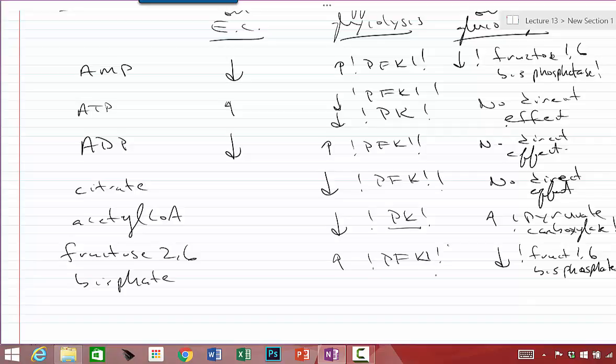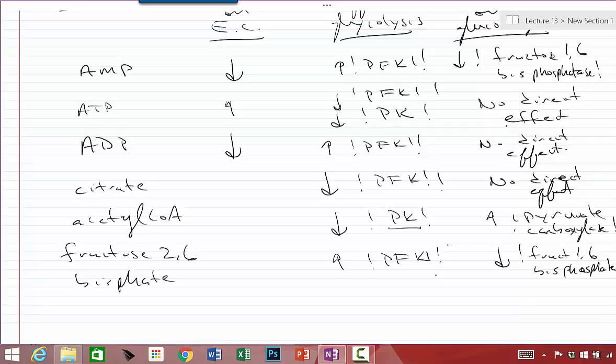What I want to show you in general here, energy charge is important. Okay, and energy charge, as I said before, if you have high levels of energy charge, that means you want to basically do anabolism. So you're going to increase gluconeogenesis in many of your cells.